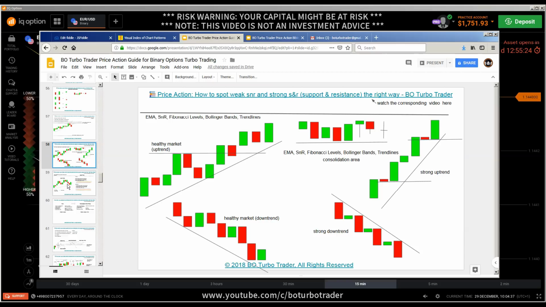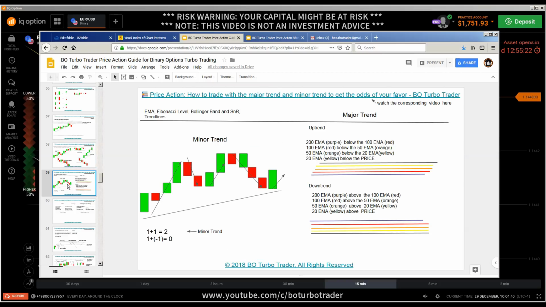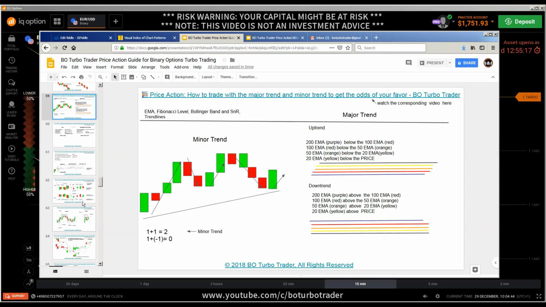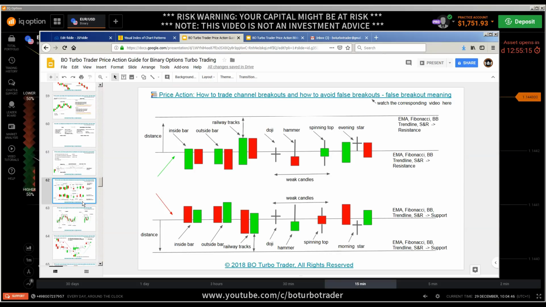The importance of the major trend and the minor trend, and again the concepts I have explained here about fake breakouts. You will see that fake breakouts are not only a good opportunity to trade if you have the basic knowledge about support and resistance; they are not only tricky, they can be used to your advantage, because they point to support and resistance.